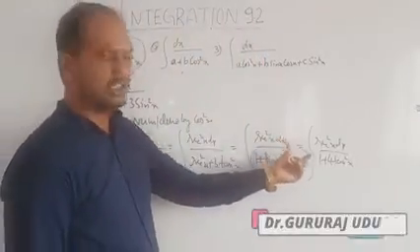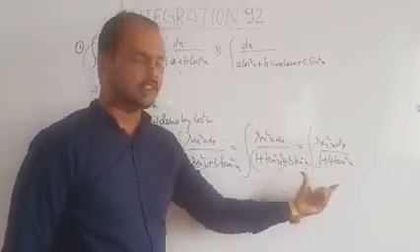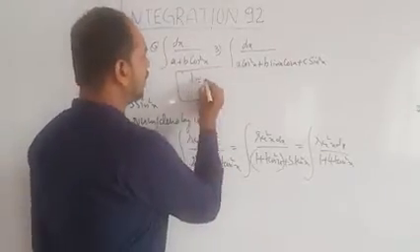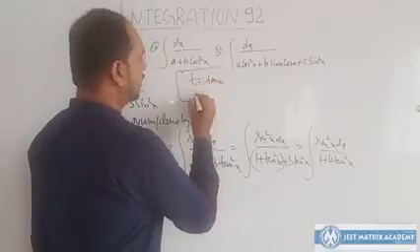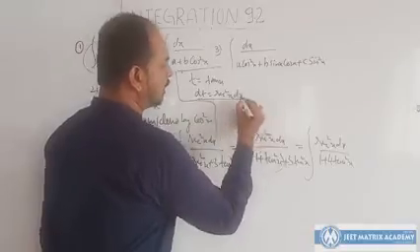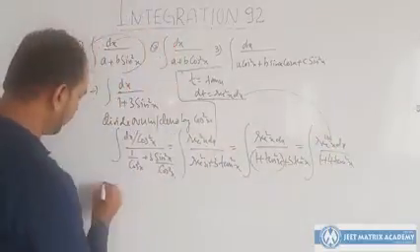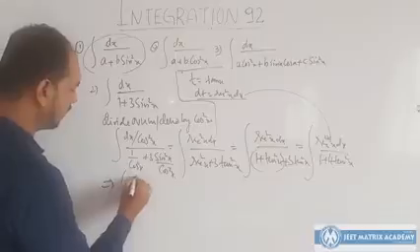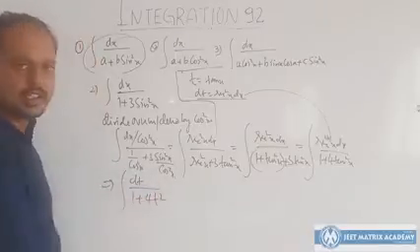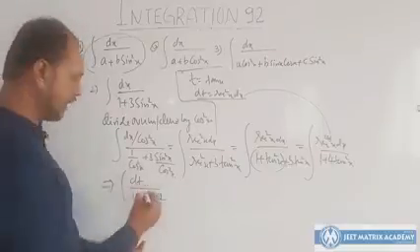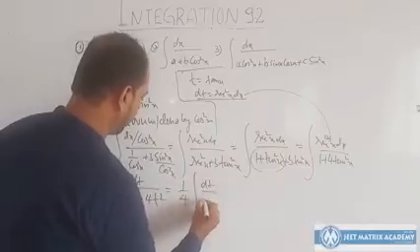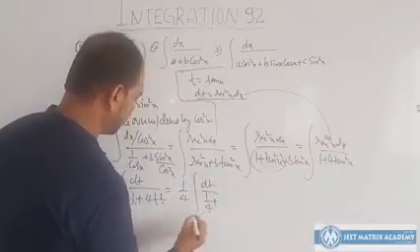Now it becomes the same format as we did in the previous problems. Substitute t equal to tan x, dt equal to sec square x dx. The numerator becomes dt and the denominator 1 plus 4t square. Am I right?